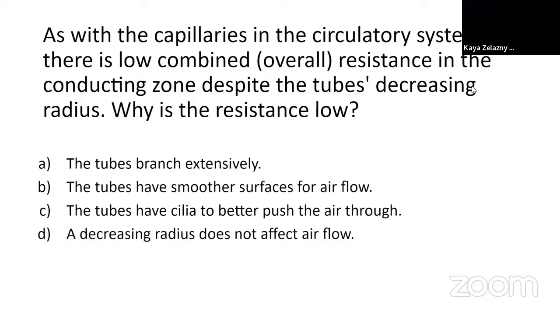Our radii are getting smaller as we move towards the respiratory zone, but hopefully we remember that we have lots of branching. So despite the fact that any individual tube's radius would be small, because there are so many of them, when we think about the resistance of the lung collectively, we don't have all that much resistance.